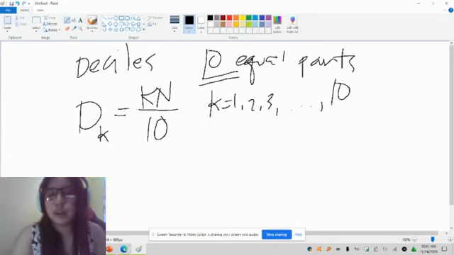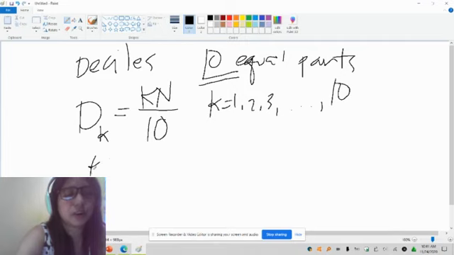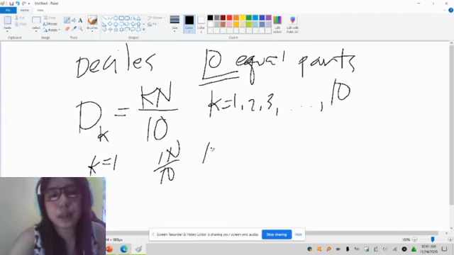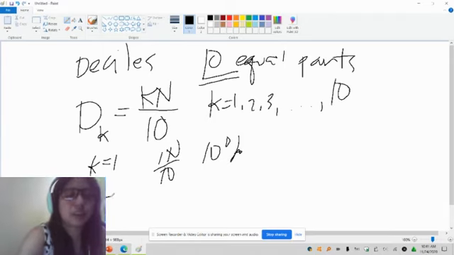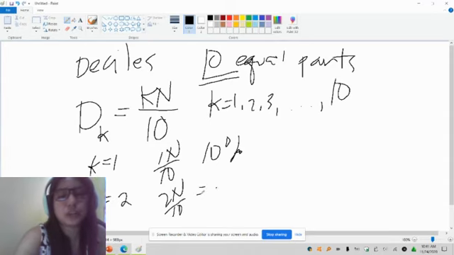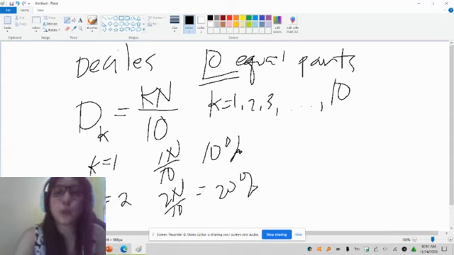So what is the percent when we are talking about k equal to 1? If k is equal to 1, that is 1n over 10, we are talking about the 10% of the distribution. If k is equal to 2, that is 2n over 10, we are talking about the 20% of the distribution.